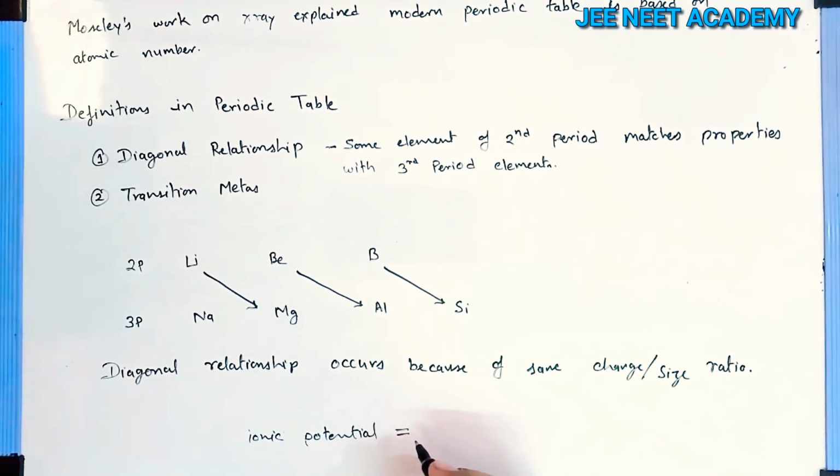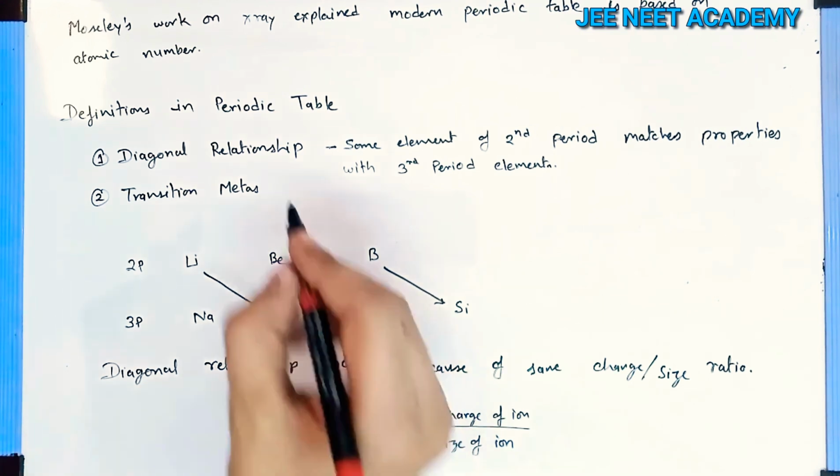What is ionic potential? Charge of ion divided by size of ion. This is called ionic potential, and it is the same for lithium versus magnesium, beryllium versus aluminium. That's why they keep having the same properties diagonally. Now transition metals.